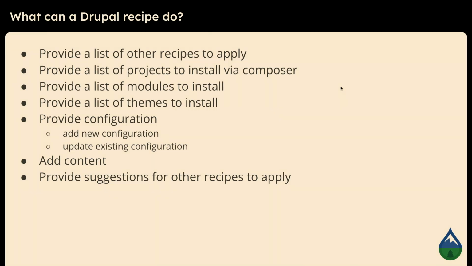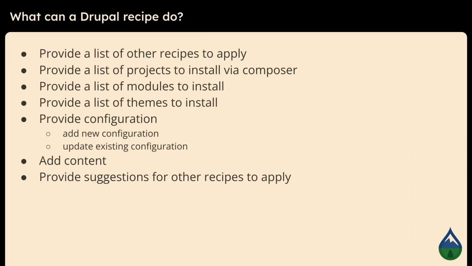So what can a recipe do? Right now, it can provide a list of other recipes to apply to our site. So we already talked about the events example that depends on other event recipes. It can provide a list of other projects to install via Composer.